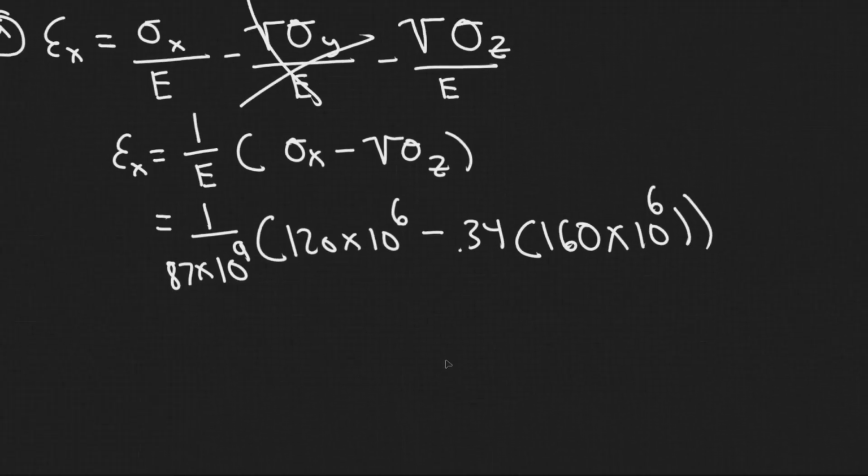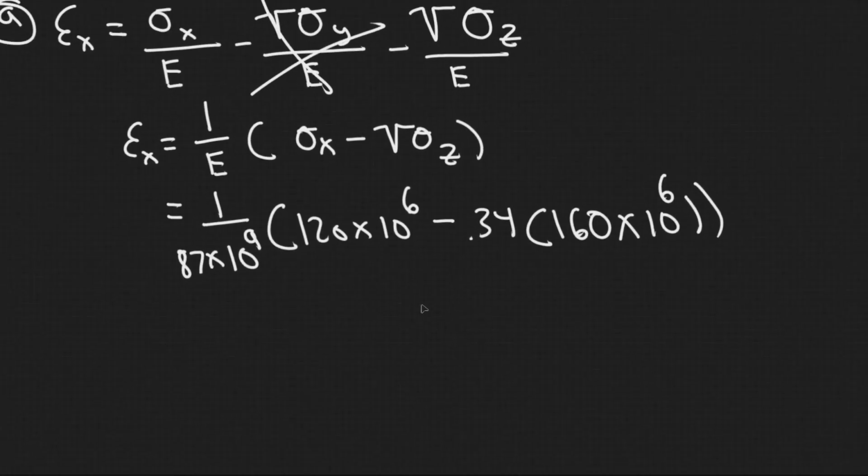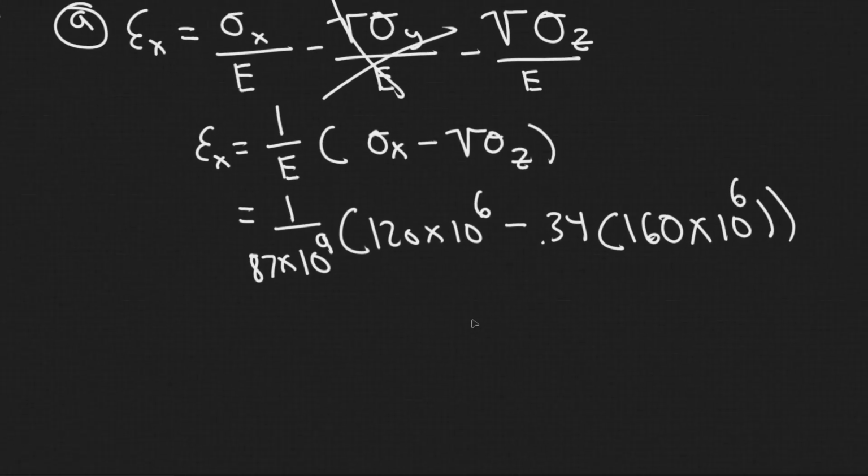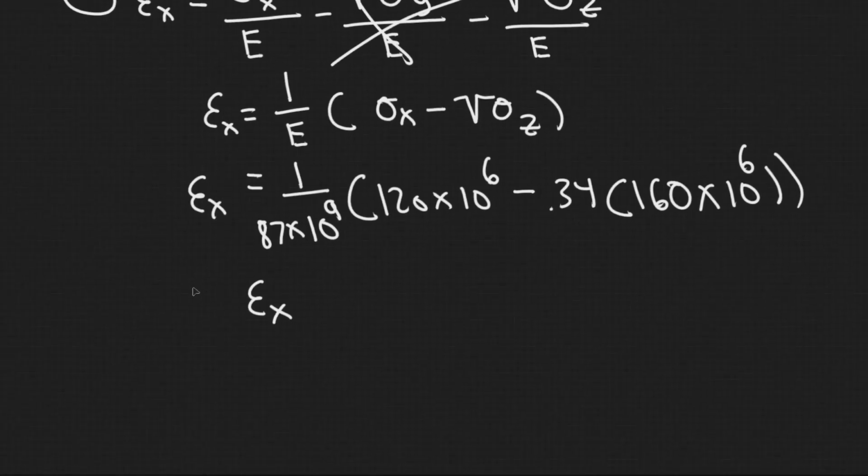So this right here is all the values plugged in. So this should give us epsilon x, our strain. And then when you do this, you're going to get a value of 7.54 times 10 to the minus 4.